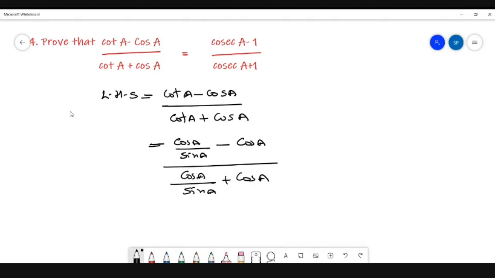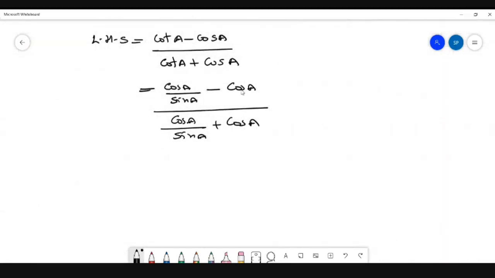Now we can see here cos A is common in the numerator and cos A is common in the denominator also. So let us take one cos A as common factor. If you take cos A common in the numerator, we have cos A by sin A minus cos A, whole divided by cos A by sin A plus cos A. Now from here, we have 2 cos A, so let us take one cos A outside.